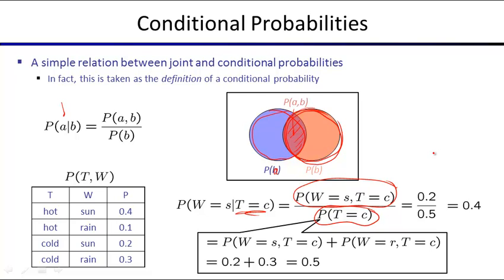The joint has a probability of 0.2. It's this entry over here. The probability for t equals c, that's a marginalization. We have seen how to compute that. You take the entries consistent with that, which is this entry over here and this entry over here. So that's 0.5. We fill that in, and we get that the conditional distribution of sunny, given that we know the temperature is cold, is 0.4.